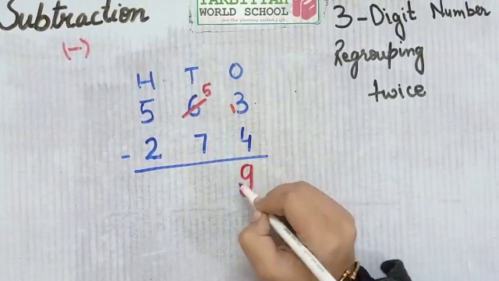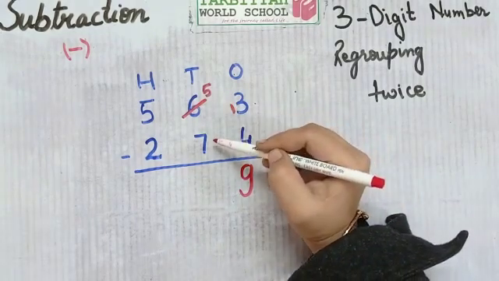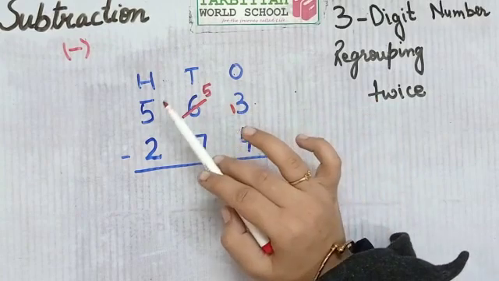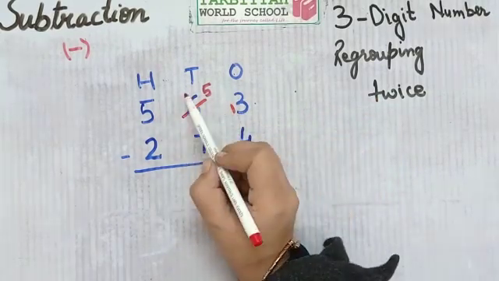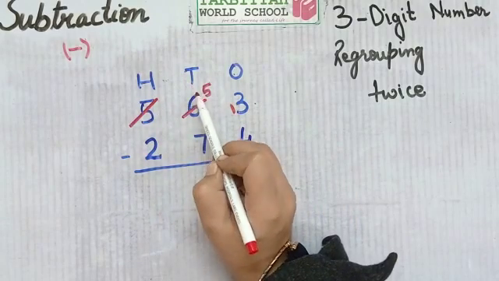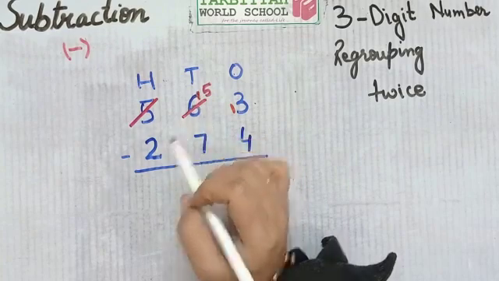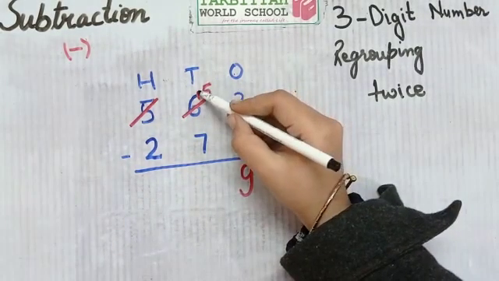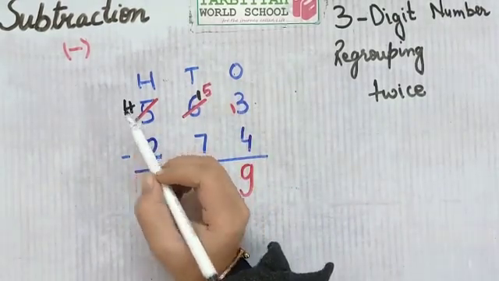Yes, 9. And 5 tens. So now we have to regroup the 5 hundreds and 5 tens. If we give the 1 to tens, 5 tens will become 15 tens and 5 hundreds will become 4 hundreds.